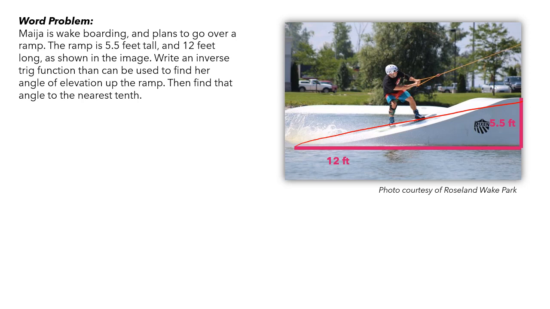So we'll say that the ramp's line of sight is that red line I just drew. Meaning our angle of elevation, we'll call it theta, is here. Our horizontal is that 12 feet, and then our line of sight is that red line. So with reference to that theta, 12 feet would represent our adjacent side, and 5.5 feet, therefore, would be our opposite side.